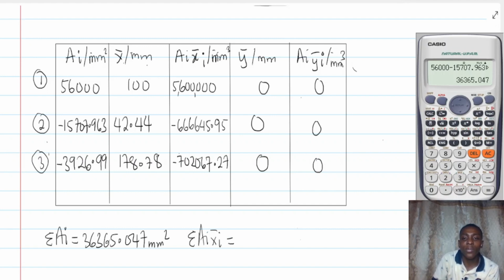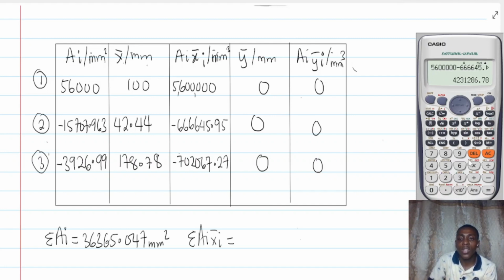Now let's do the summation of A_i x bar_i. We are going to add this column. So it's going to be 56 followed by 5 zeros, minus 666,594.95, and then minus 702067.27.